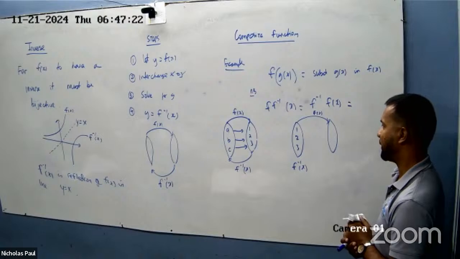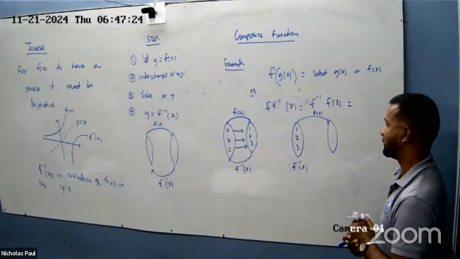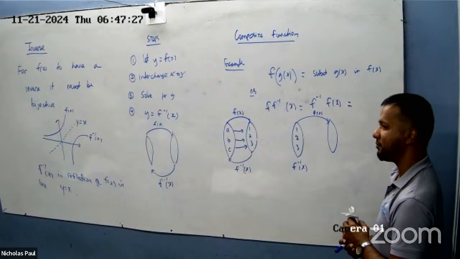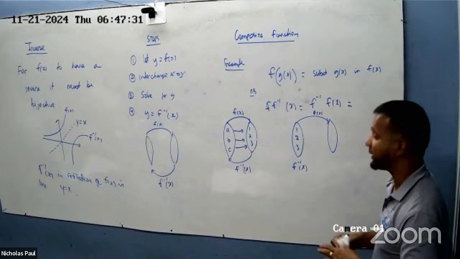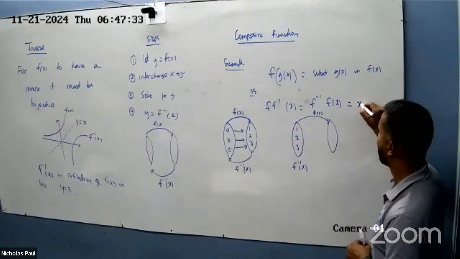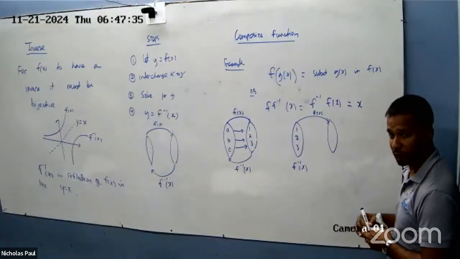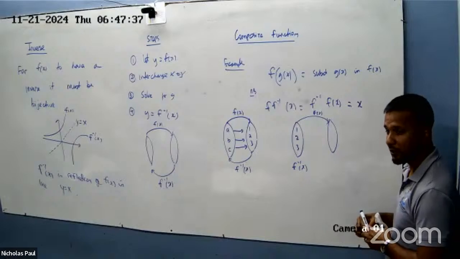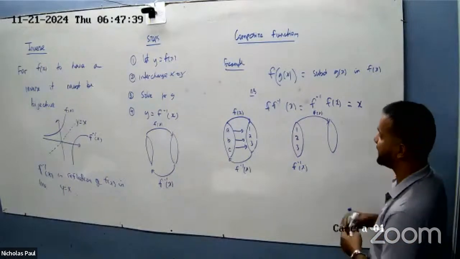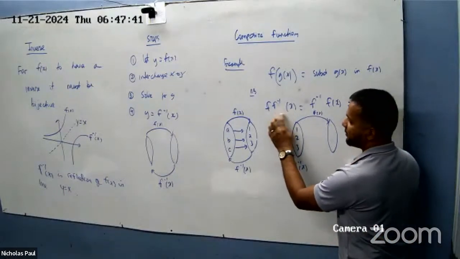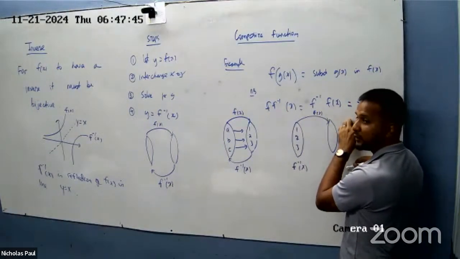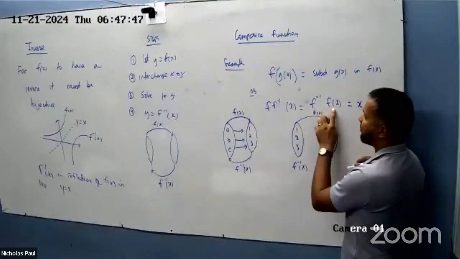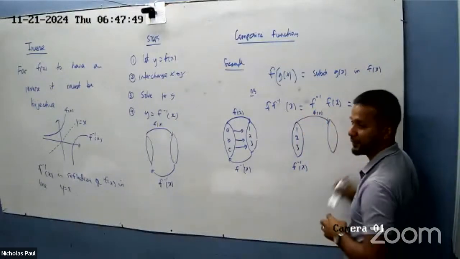You will get back the x values, so you'll get back x. Here's what they say: if you take f inverse and you put it into f, you'll always get back x. If you take f of x and you put it in f inverse, you'll always get back x.